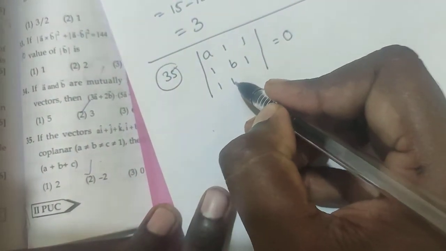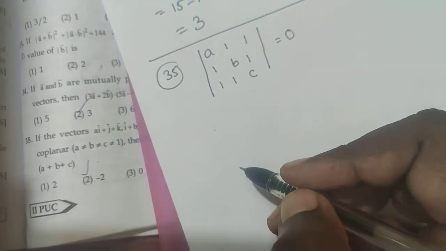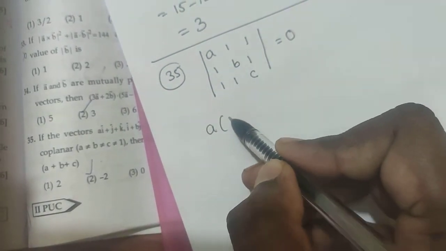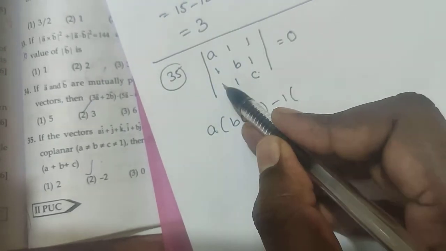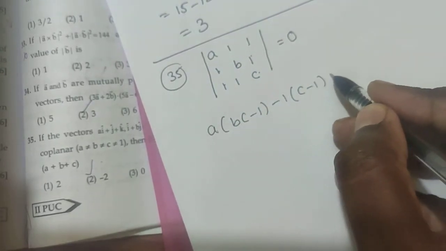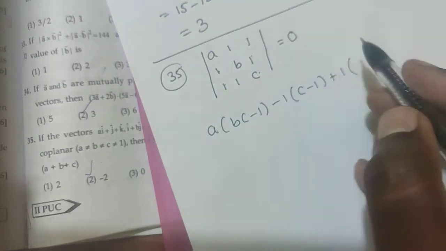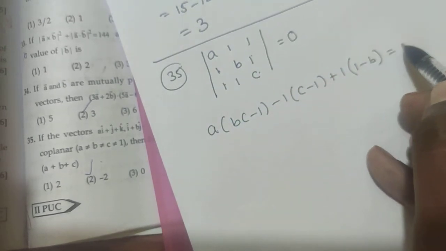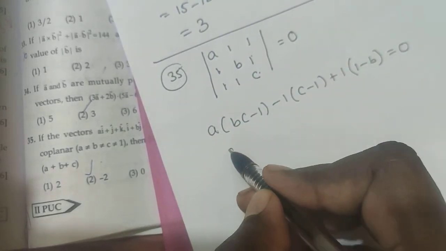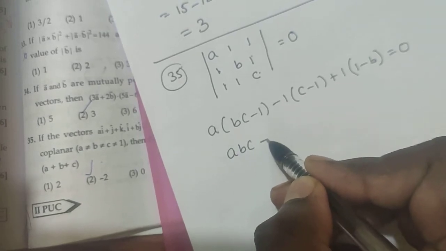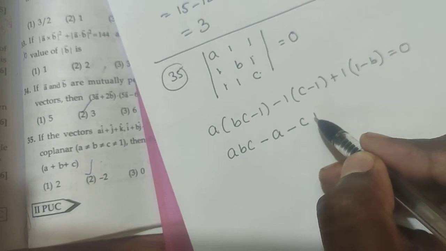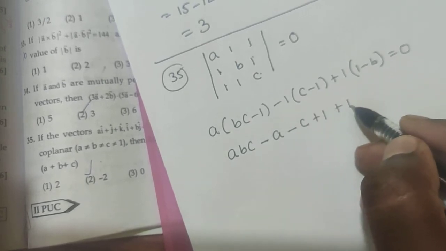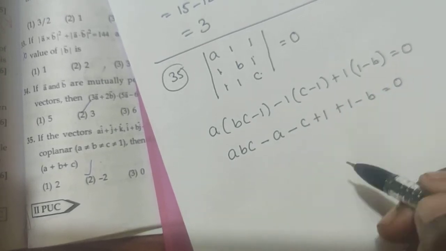So we know how to find the determinant. a into (bc minus 1), minus 1 into (c minus 1), plus 1 into (1 minus b) equals 0. Simplify: a into bc is abc, minus a, minus 1 into c, minus of minus plus 1, plus 1 minus b equals 0.